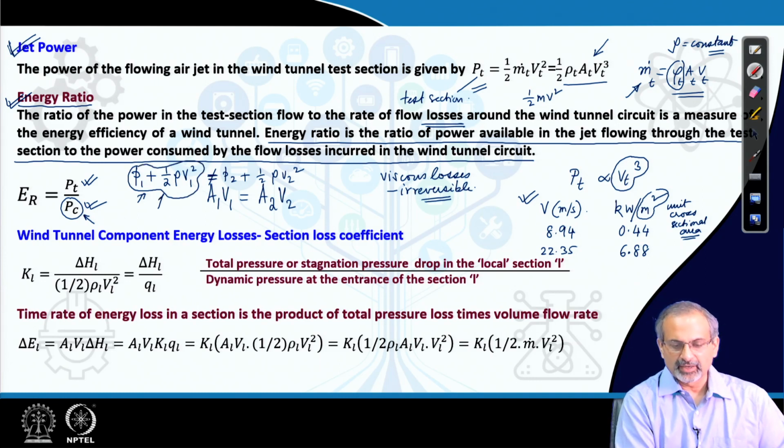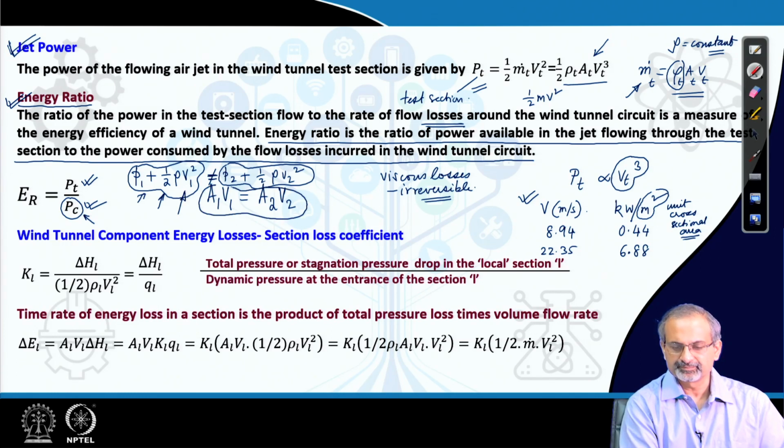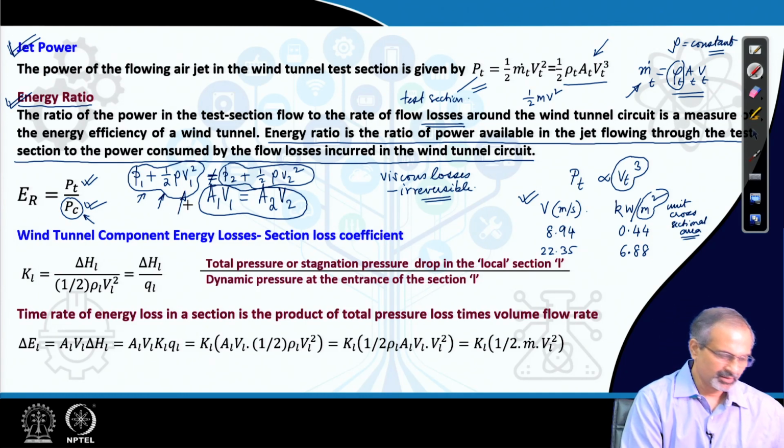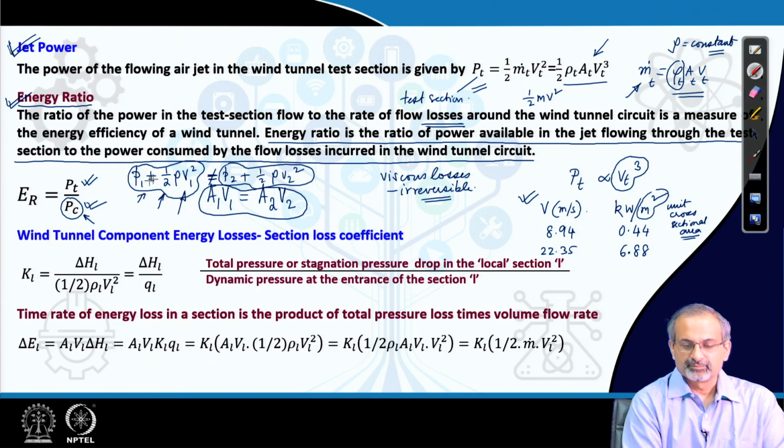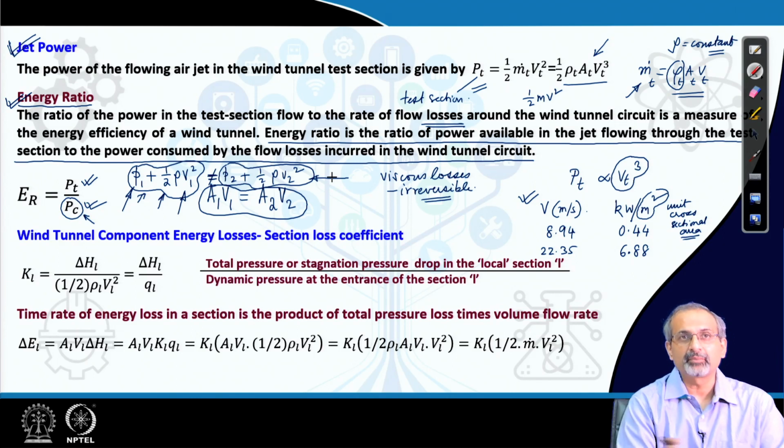In general, this would have a larger content of the stagnation or total pressure compared to the downstream location. However, the dynamic part just follows the continuity equation and works out.